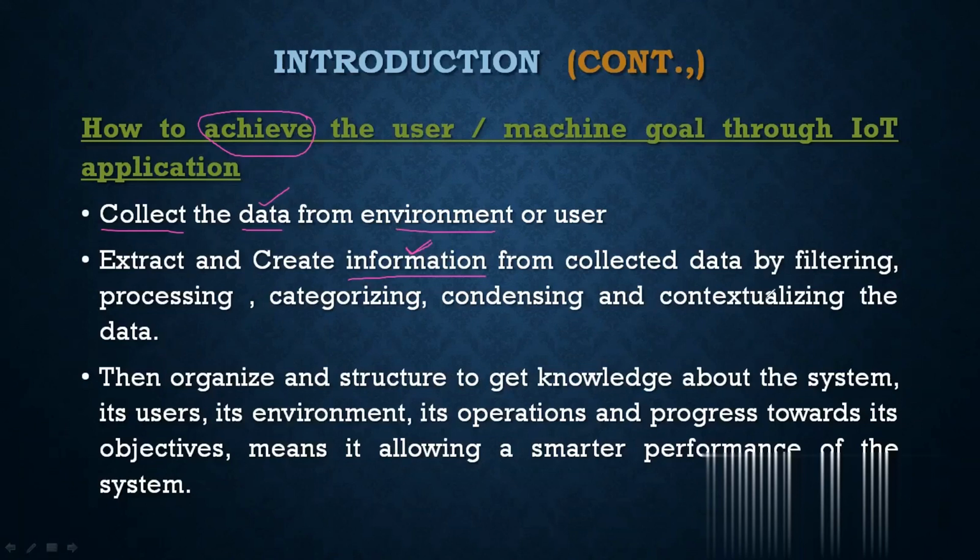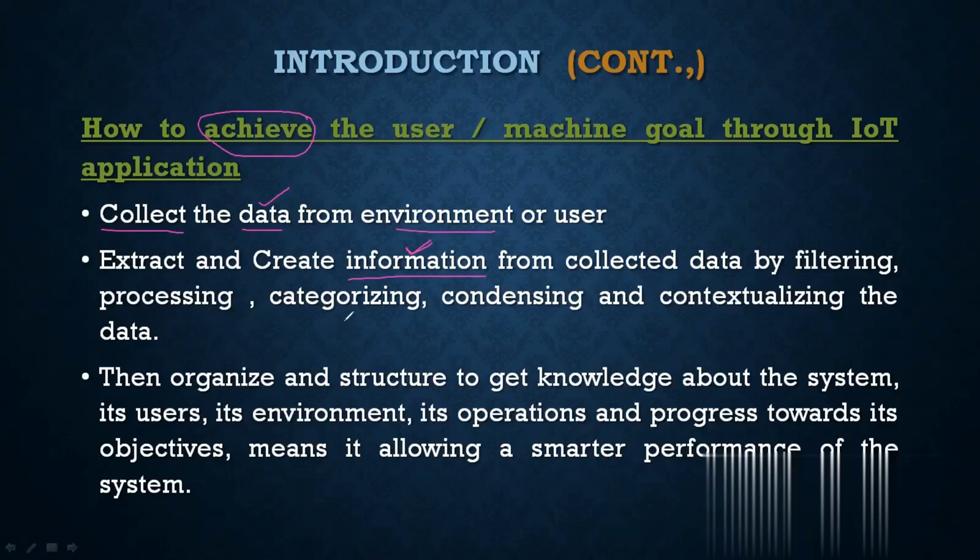Like that, you perform the filtering. After filtering the items, you do the processing. That means you shift these items to the particular locations like kitchen, bedroom, hall. That means you have done the processing.